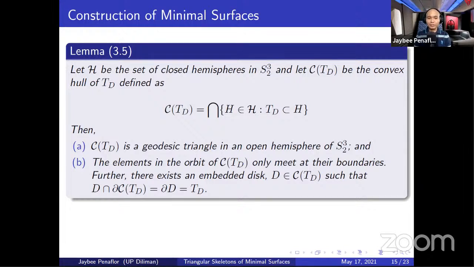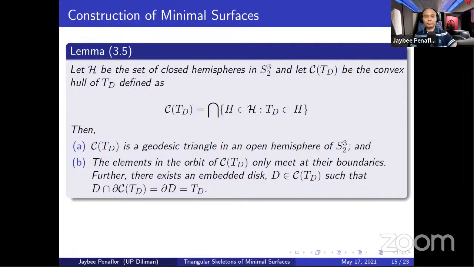Furthermore, as mentioned earlier, there exists an embedded minimal disk D such that the intersection of D with the boundary of the convex hull, the boundary of the disk itself, is equal to the triangle itself.